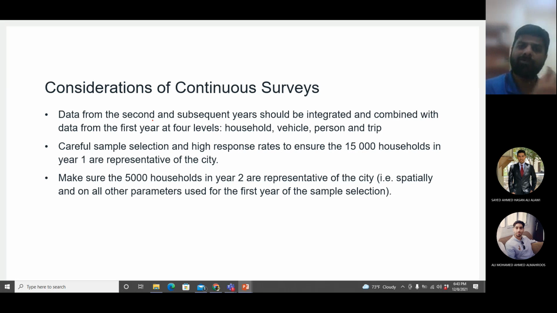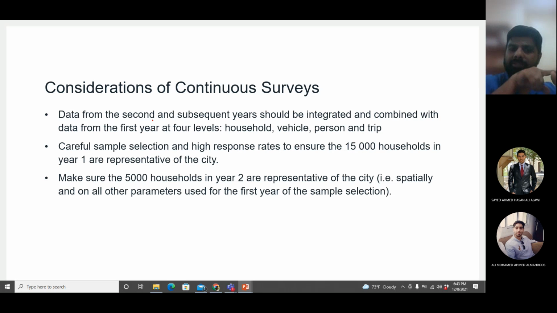The number of households you have collected in the first year should have almost the same distribution in the remaining years as well. Same thing with the number of vehicles, number of persons, number of trips. So you have to make sure that there is some consistency between the data of the first year and the data of the remaining years.